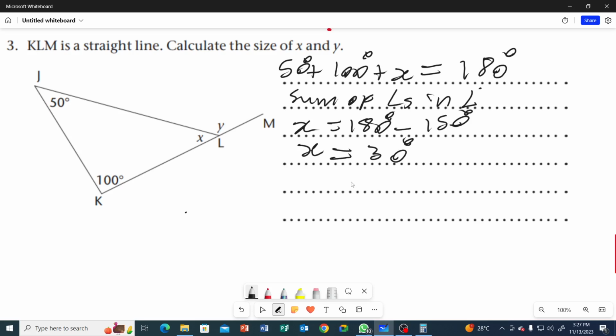Be patient, guys. This network is messing around. So x plus y equals 180 degrees, and then you must also write your reason after your statement.